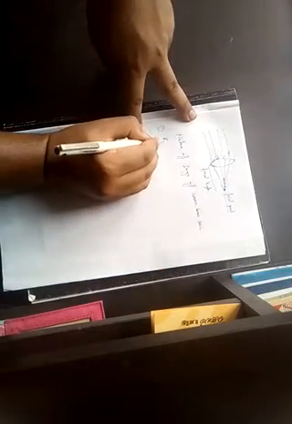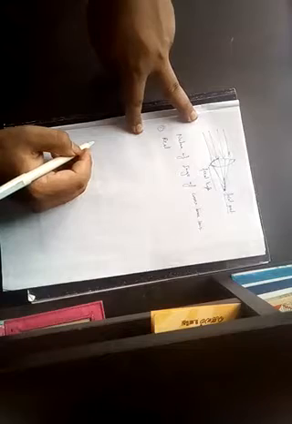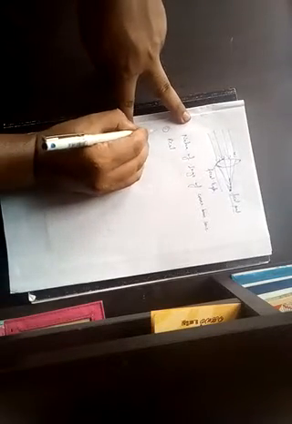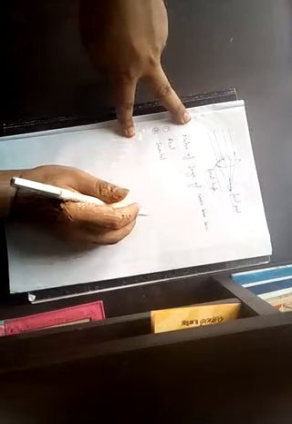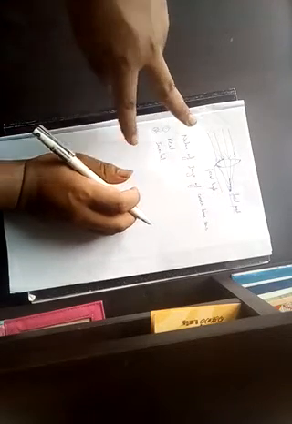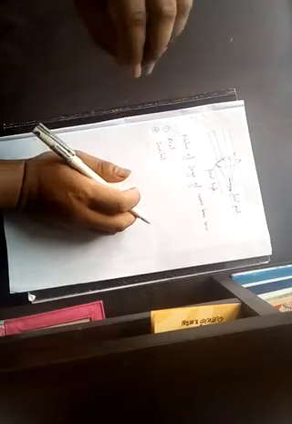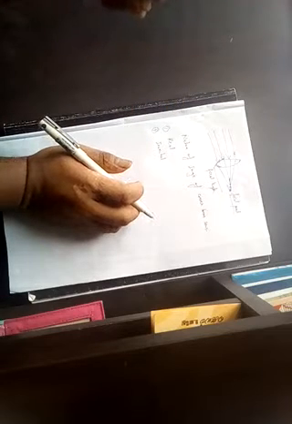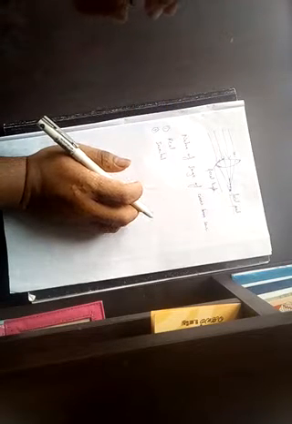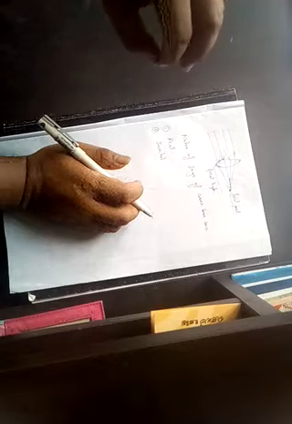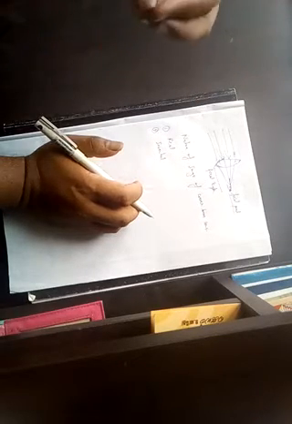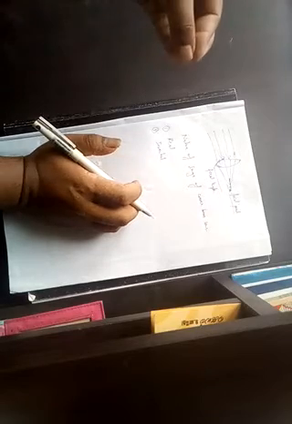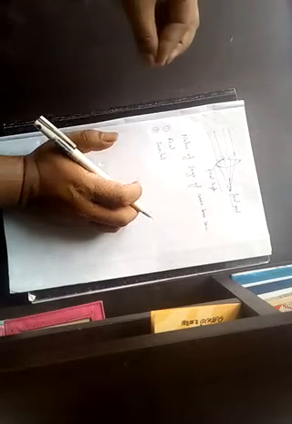First of all, it is real. The image is always real. Inverted, it will appear upside down. Now you need to remember, the image depends on some cases. In some cases the image might be very small, or the image might be very large.